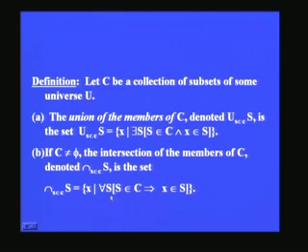Let C be a collection of subsets in some universe U. The union of the members of C, denoted by union of S belongs to C, S, is a set union, and it is denoted by this, the set of all elements x such that S belongs to C and x belongs to S. This is extending the definition of union not to two sets but to a collection of sets.